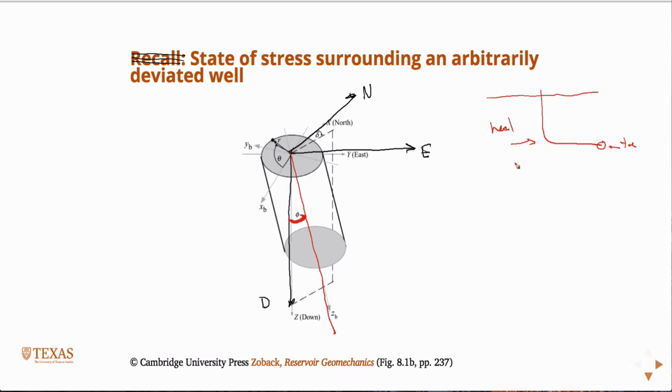Of course, in just a deviated well, you don't really have a heel, but nevertheless, from the toe of the well, if we were to project that back to the surface, like that, and then draw a line from the origin out, then delta is the angle between that and north. Right? Everybody okay with that?